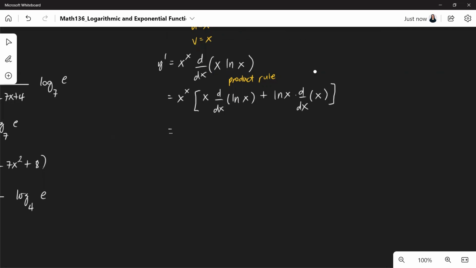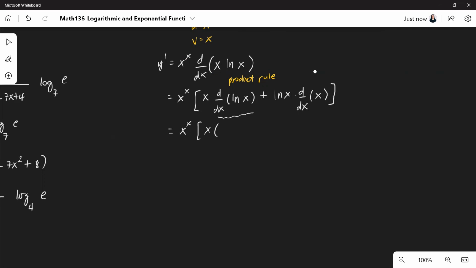Really confusing. So x raised to the power of x, okay, and then x times the derivative of ln x, okay. So we use the D19, okay, because it's ln of x. So meaning 1 over u, no, times the derivative of u with respect to x.